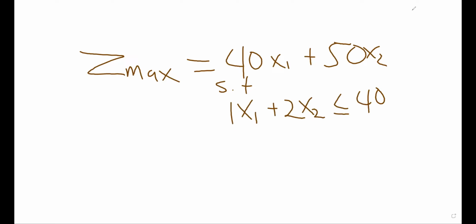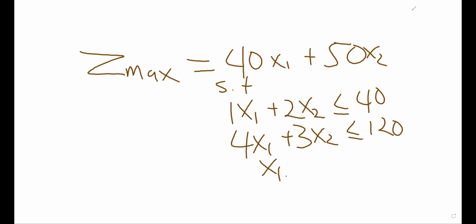And then we had 4x1 plus 3x2 less or equal to 120. This was the formulation of the Farmer-Ghana Limited that we had some time ago, and I'm sure you all remember. Finally, we have the non-negativity constraint.